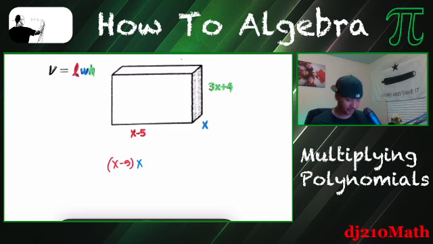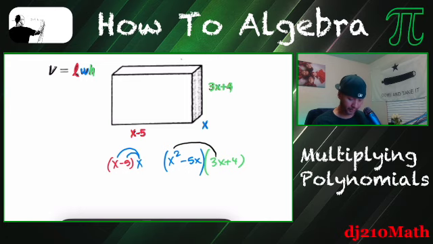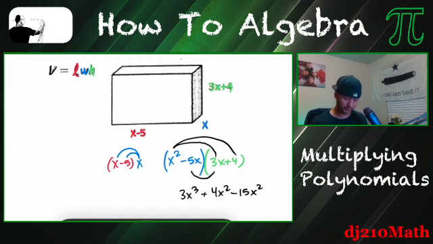All right, x minus 5 times x. You just distribute the x. So this is going to be x squared minus 5x. All right, I'm going to take that and multiply that with the height, 3x plus 4. So here we got x squared times 3x, so 3x cubed. X squared times 4, 4x squared. Negative 5x times 3x would be negative 15x squared.